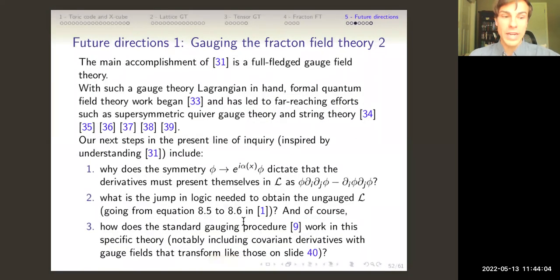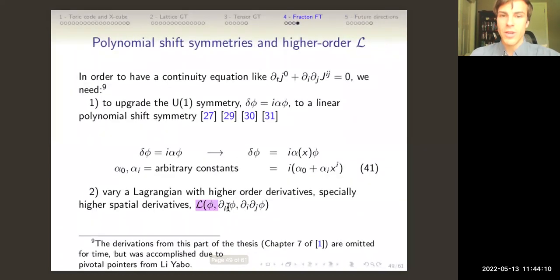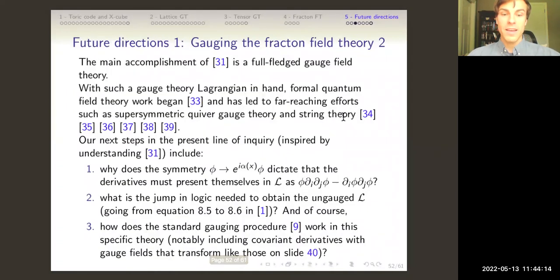In fact, what it ended up doing was creating not only an ungauged Lagrangian, which is just the actual explicit form of this, it created a gauged Lagrangian. So he had this ungauged thing that respected dipole symmetry. He gauged that Lagrangian to have something that transforms with the exact polynomial shift symmetry.